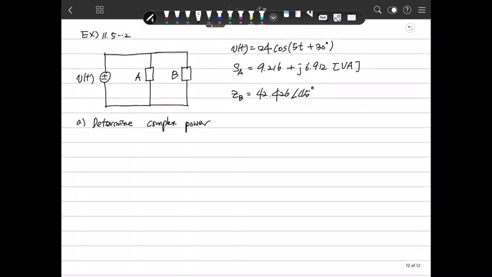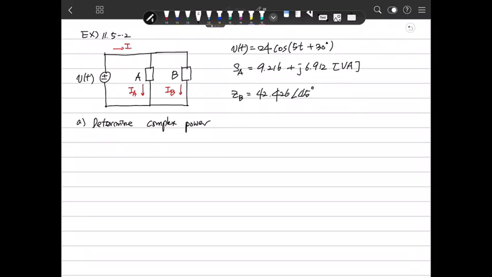So we know the V, but we need to know the complex power consumed by B. So to do that, at first, we need to know the current. We define this current as I, and define this current as IA, and the current as IB.